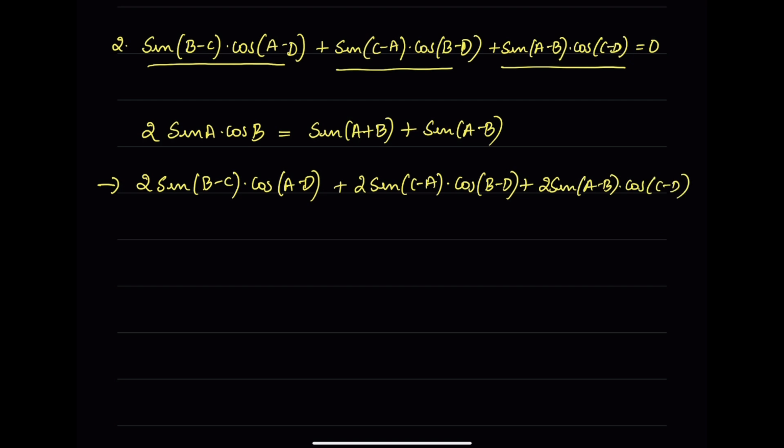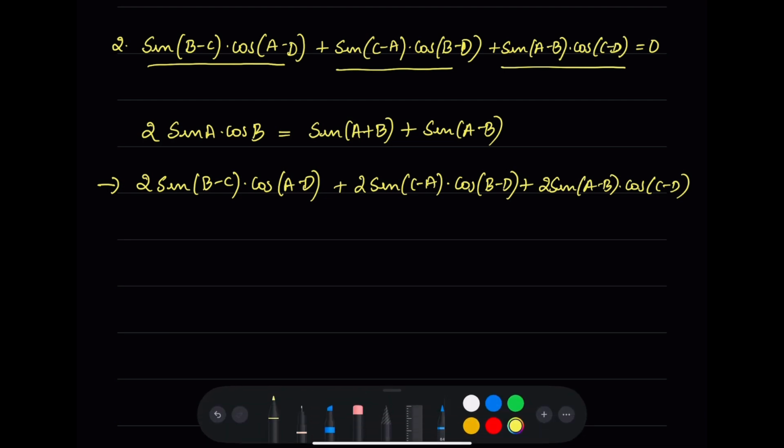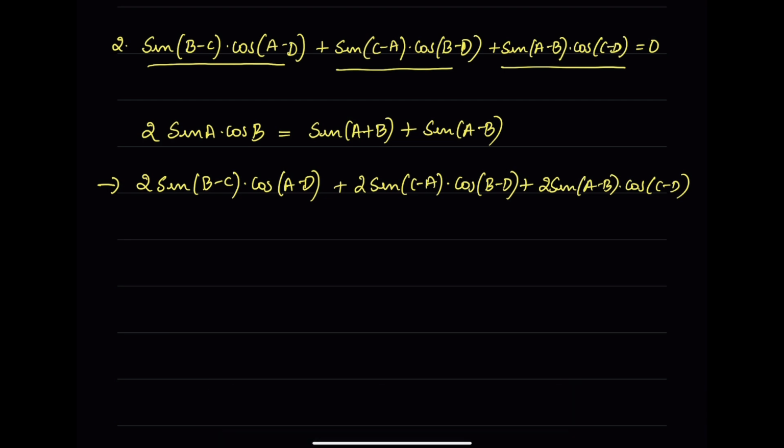Now let's apply the formula of 2 sin A cos B, which is sine of A plus B plus sine of A minus B. So the first part will be sine of (B minus C plus A minus D) plus sine of (B minus C minus A plus D).